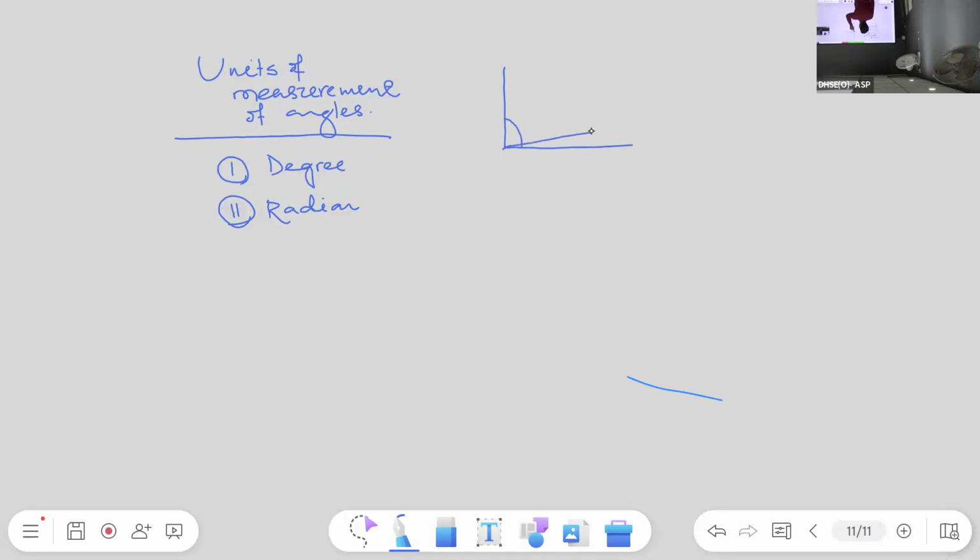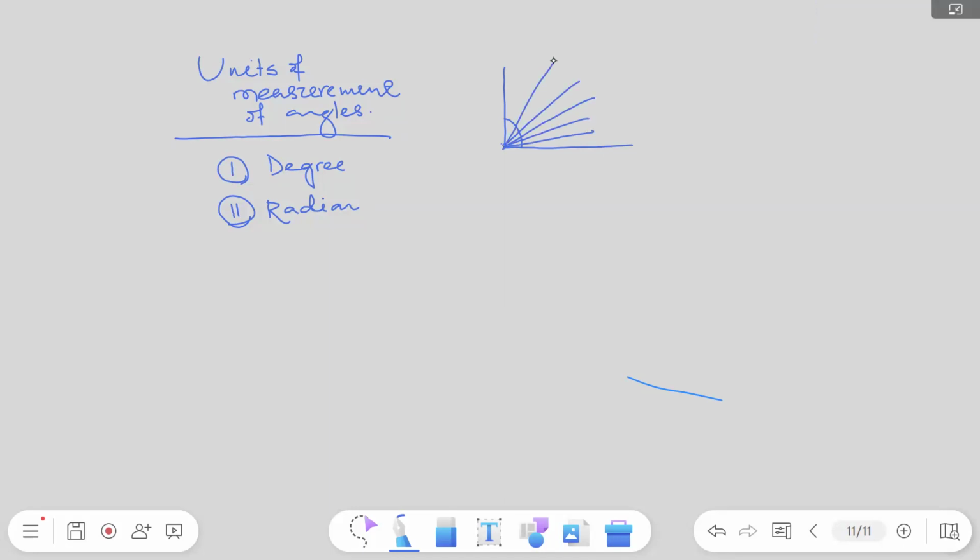If a right angle is divided into 90 equal parts, each part is called a degree.